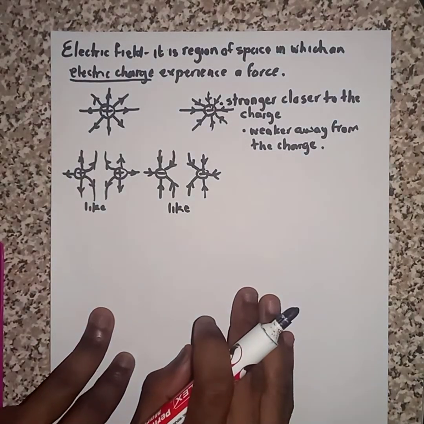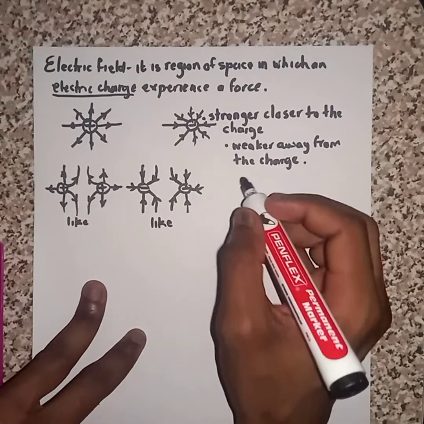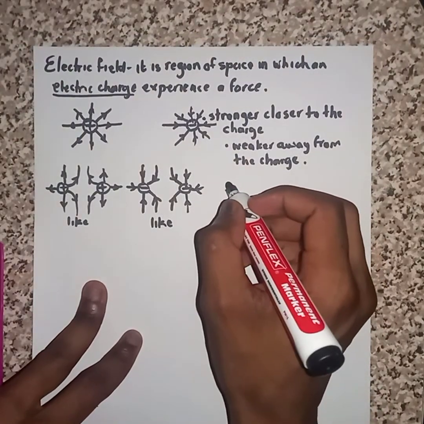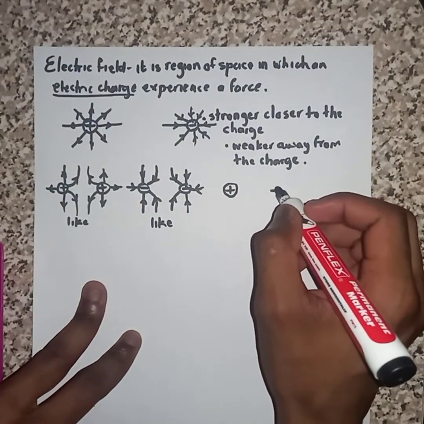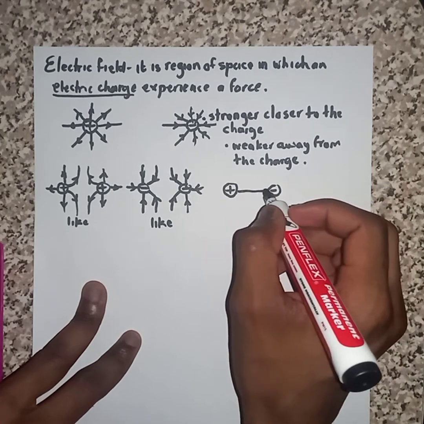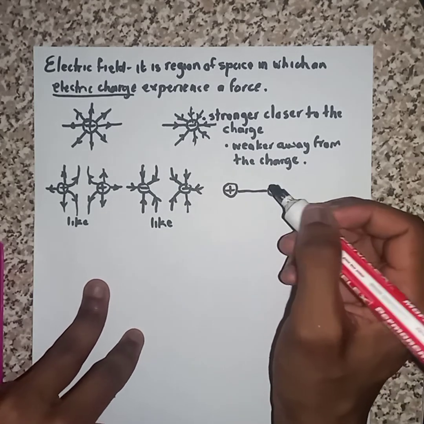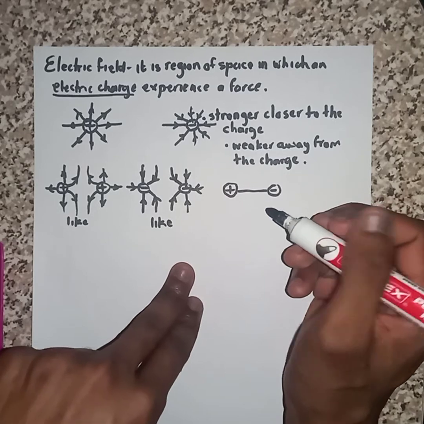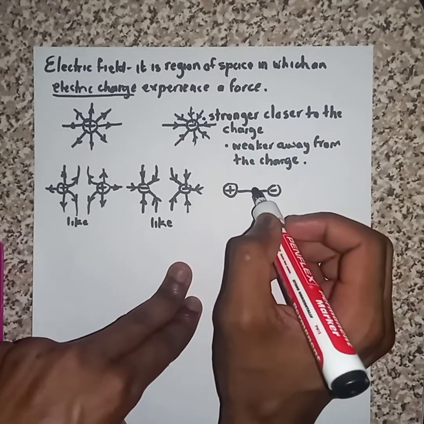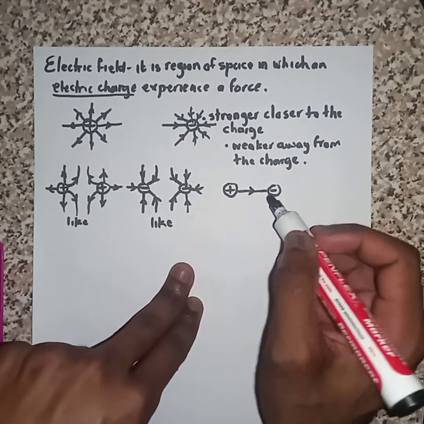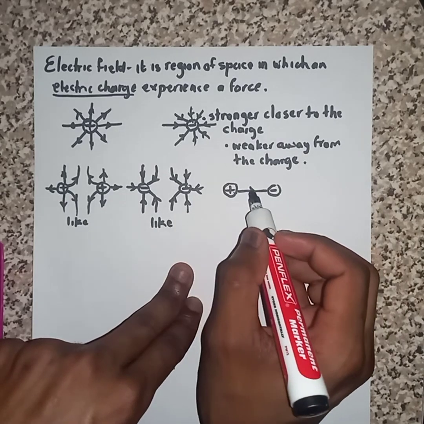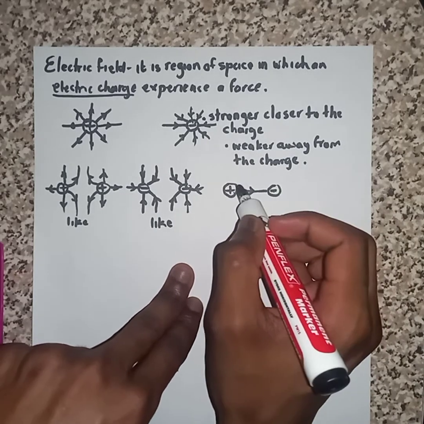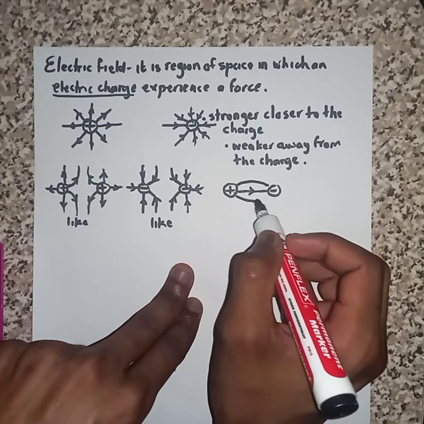Thirdly, we are going to have a situation whereby we have a positive together with a negative charge. Then this one, they will attract. There will be no space in between. Then this is how. Pointing away from positive but towards the negative.